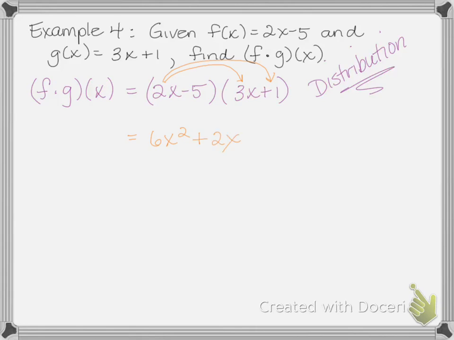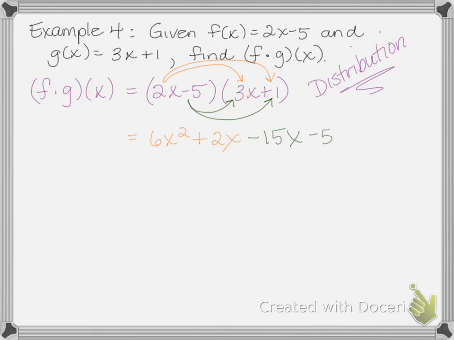Let's use dark green. Then minus 5 needs to go to this one, and minus 5 needs to go to that one. So minus 5 times 3x is minus 15x. Negative 5 times positive 1 is a negative 5.